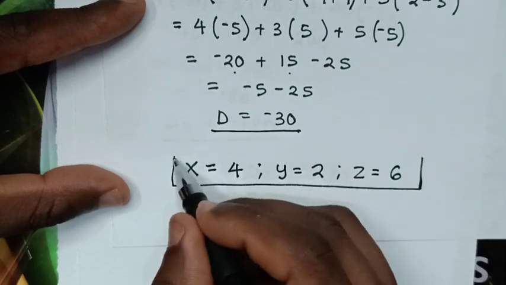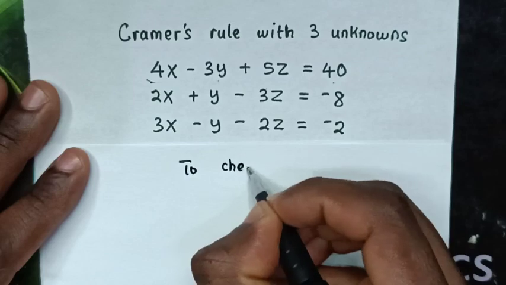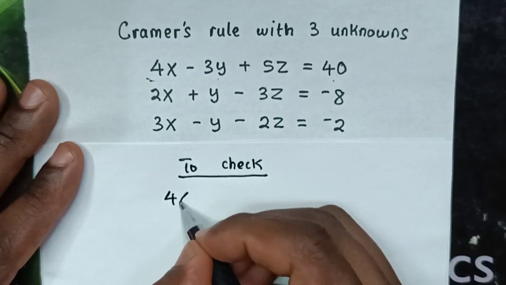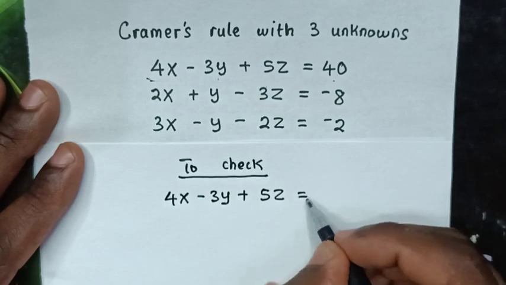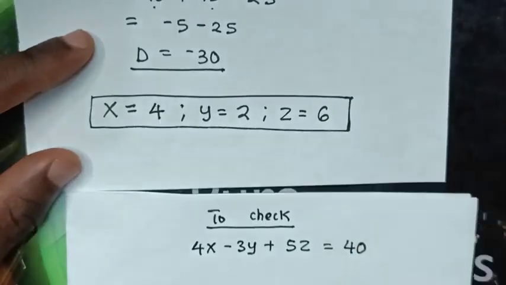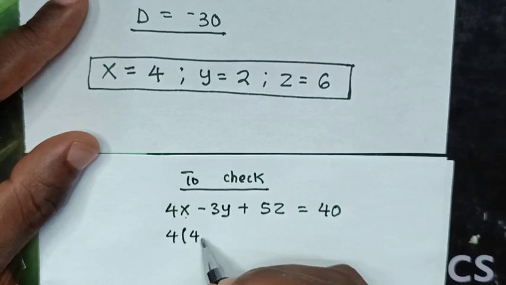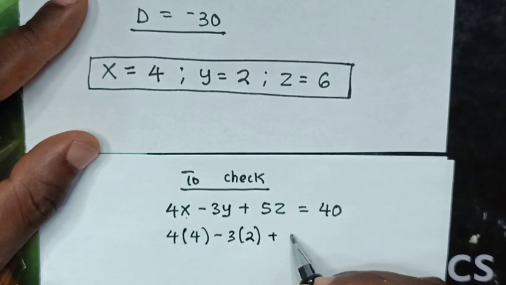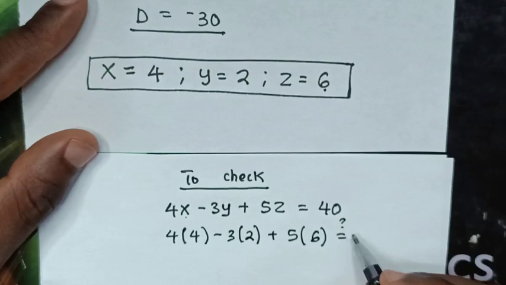Then in next step, we'll be checking if the value of x, y and z are correct. To check, from the first equation, which is 4x minus 3y plus 5z is equal to 40. So we substitute these values, starting with x is equal to 4 in here. It will be 4, then times 4 minus 3, then bracket y is 2 plus 5, then bracket z is 6, then is it equal to 40.